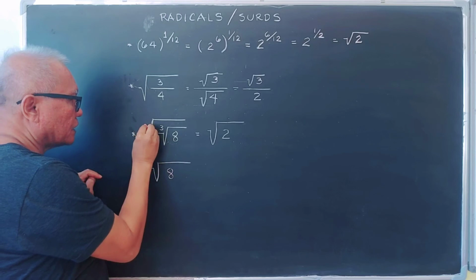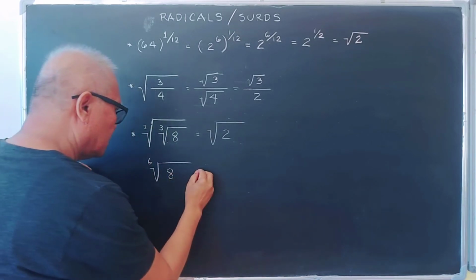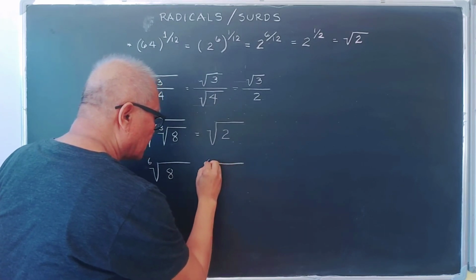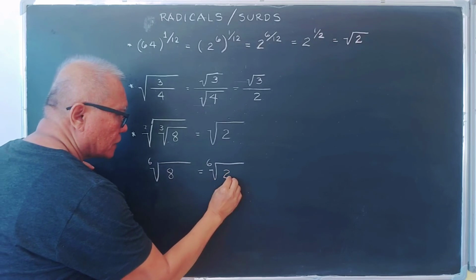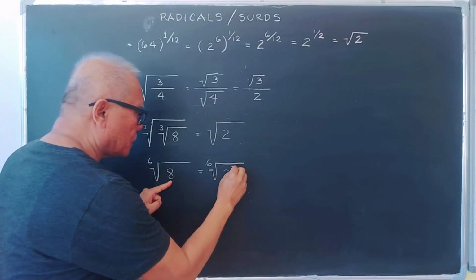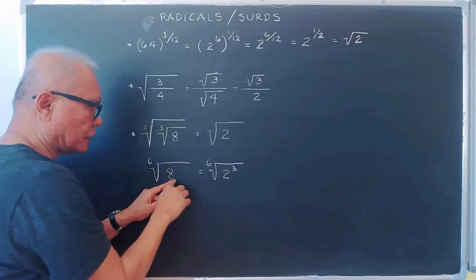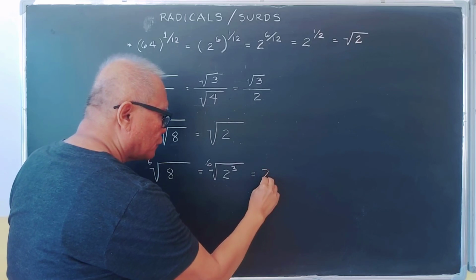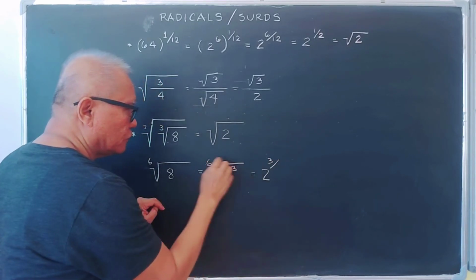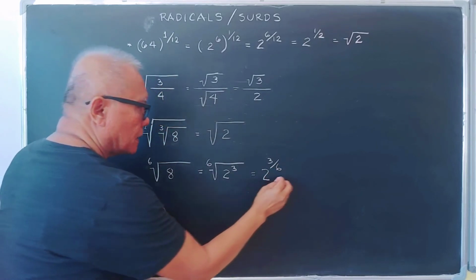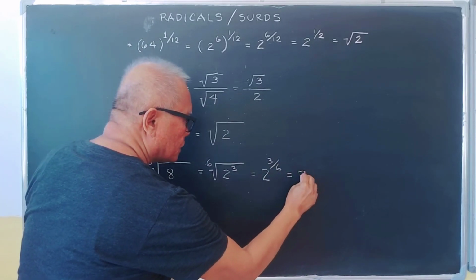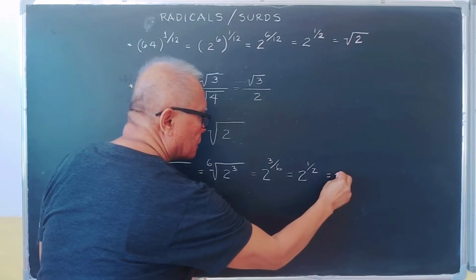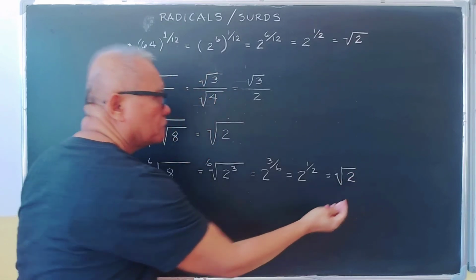Then this one can be written as 2 to the 3rd power. So 2 times 2, 4 times 2 is 8. So you have 6, 3. And then in exponential form, we have 2 to the 3 over 6. And the lowest term of 3 over 6 is 1 half. And that one is also the square root of 2.